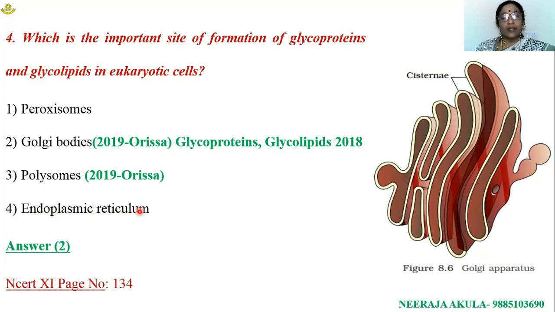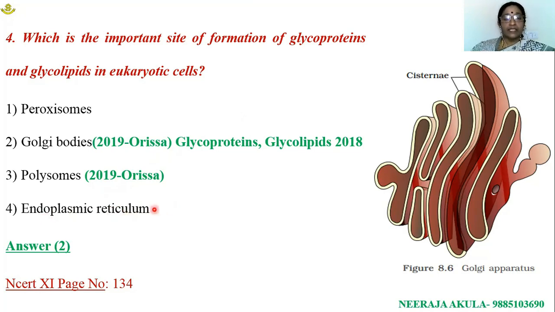Two different types are present: rough endoplasmic reticulum and smooth endoplasmic reticulum. Rough endoplasmic reticulum is involved in protein synthesis because it is associated with ribosomes. Smooth endoplasmic reticulum is involved in lipid synthesis.